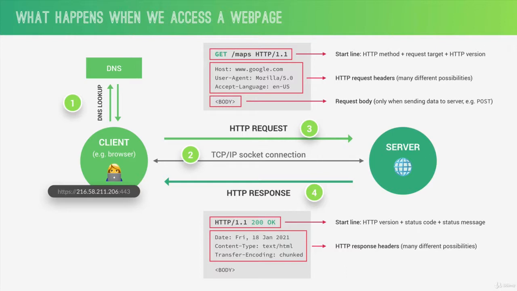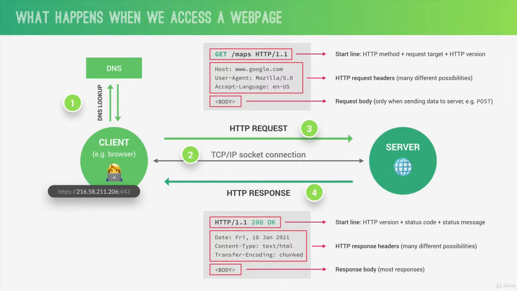Finally, the last part of the response is again the body, which is actually present in most responses. And it's also the developer who specifically sends back the body in the response. And we actually already did this back in the intro section using response.end. Remember? And the body should usually contain the HTML of the website we requested, or for example JSON data coming back from an API, or something like that.